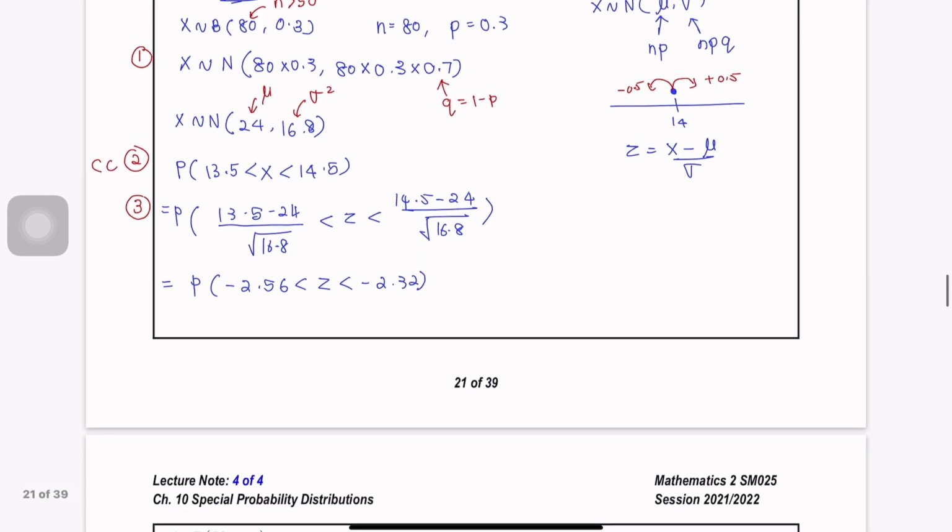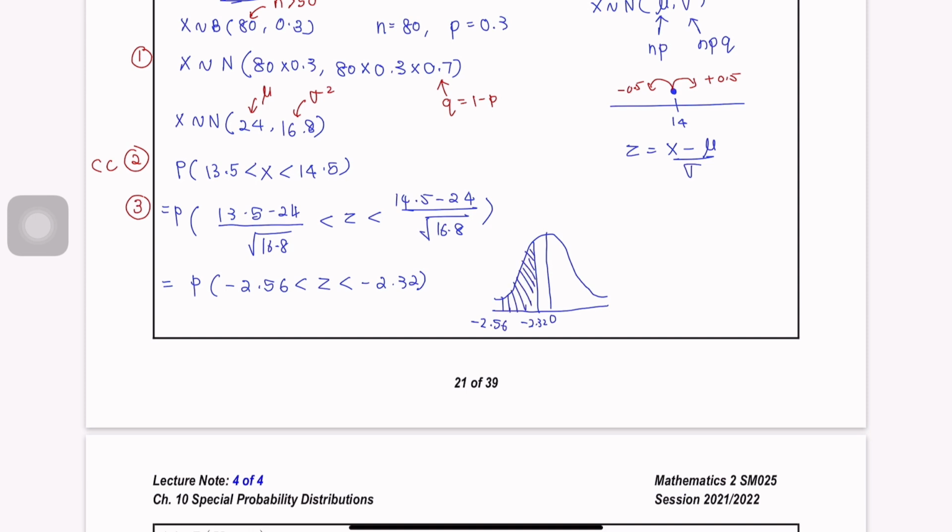Next we will solve this normal. Draw a bell-shaped curve. Both signs are negative, so this one is 0, this one is negative 2.32, and we have negative 2.56 here, so this is the area.